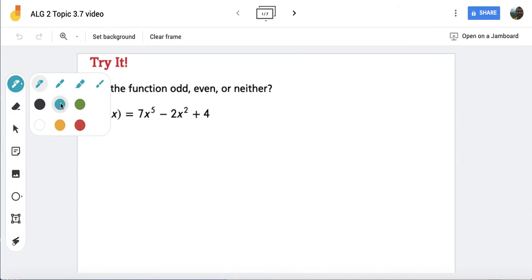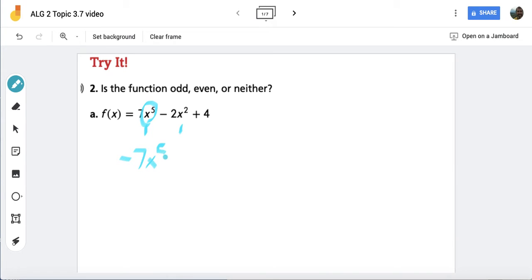Okay, let's get a good pen size going. I have to plug in negative x into here and into here. When I plug in negative x into here, that becomes negative x to the fifth. So this becomes negative 7x to the fifth, because it was an odd number, I know it's just going to make the thing negative. When I plug negative x into here, it's going to stay the same.